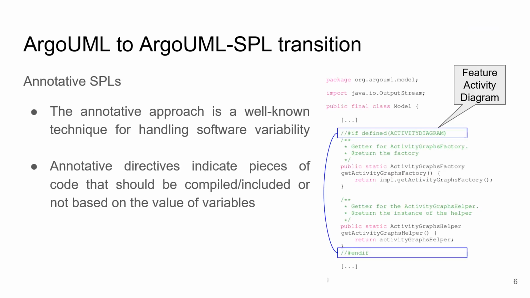They used the annotative approach to implement SPLs during the extraction, so basically, they added variability-related annotations in the source code. These kinds of annotations are like ifdef in C code. You annotate fragments of code or complete Java files with the feature conditions. In this example, this fragment of code will be removed if we don't select the activity diagram feature.